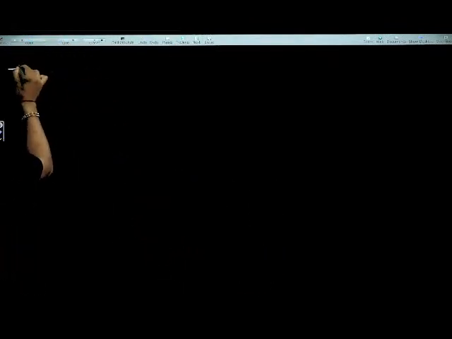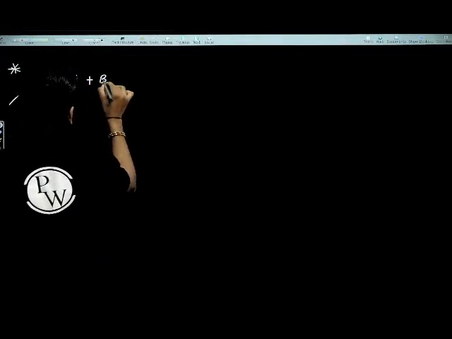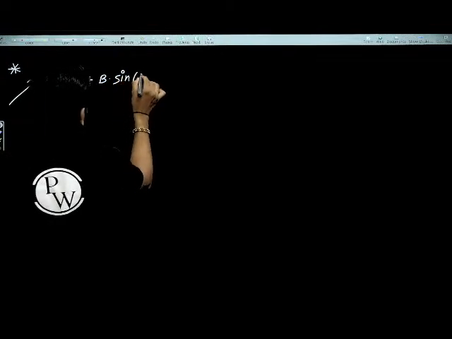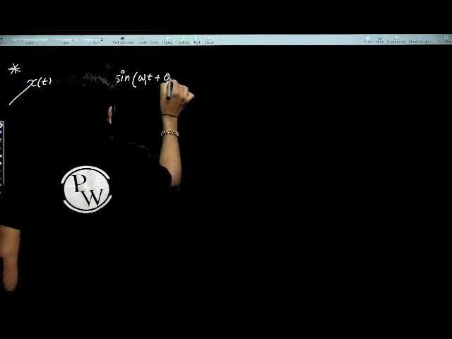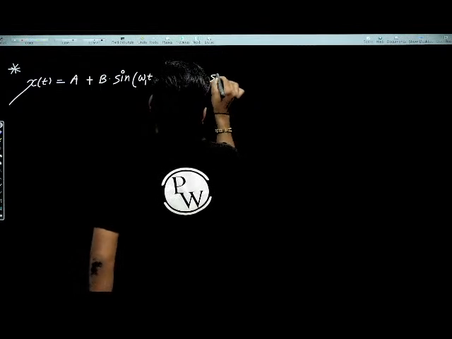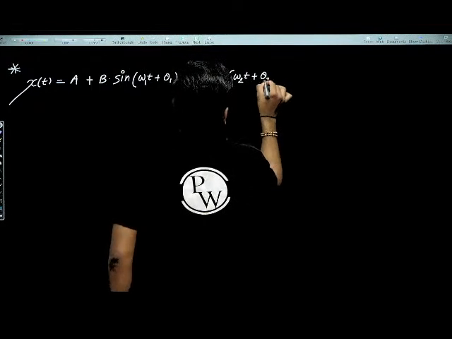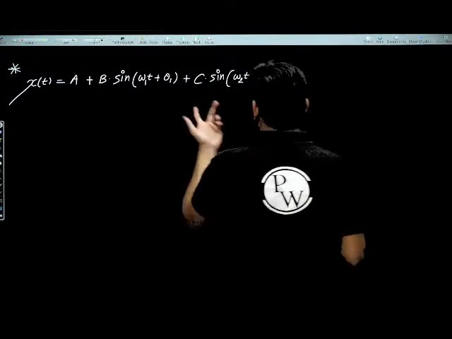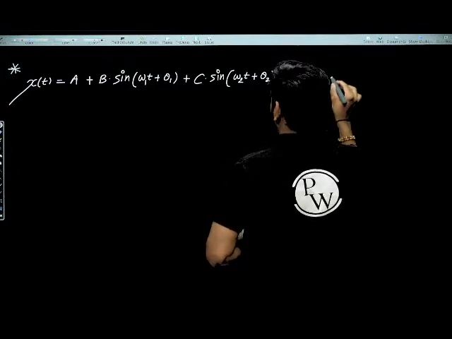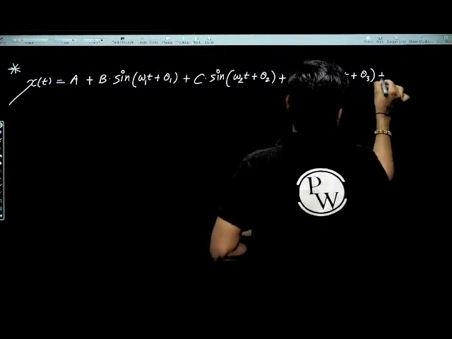So in general, the third conclusion is, if x of t is a plus b sine omega 1 t plus theta 1, it can be sine, it can be cos, the condition is different frequency, plus c sine omega 2 t plus theta 2 plus d, again it can be sine or cos, plus theta 3 and so on guys.